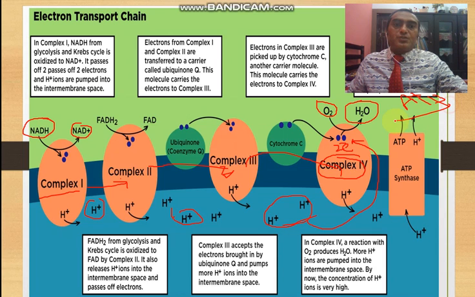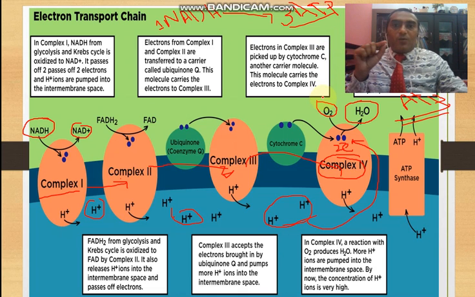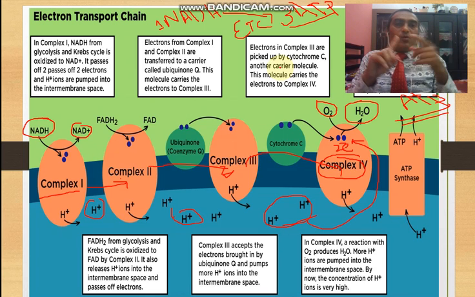When 1 NADH is completely utilized, it produces 3 ATPs. So 3 ATPs are produced from 1 electron transport process.